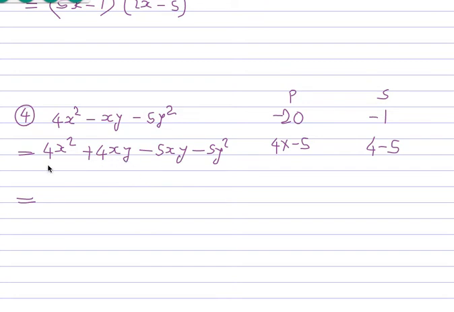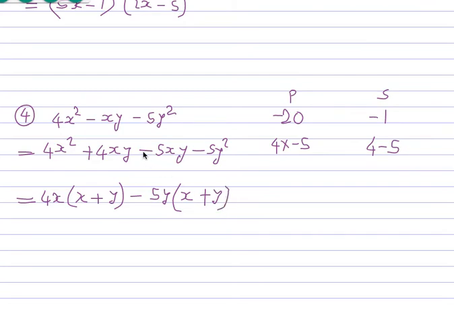From the first two terms, what should we take common? 4 and 1x. So here left just x, and here y, because 4x is already taken out. Okay, from these last two terms, what should we take common? Negative 5y. So here x left and plus y.